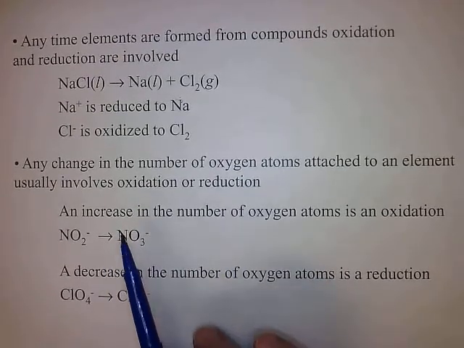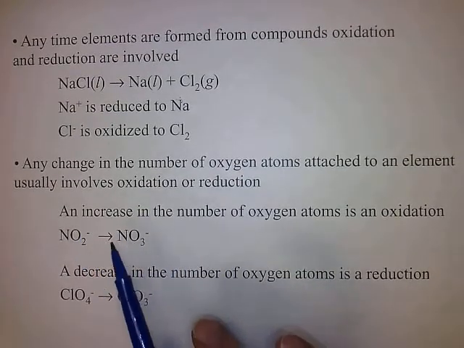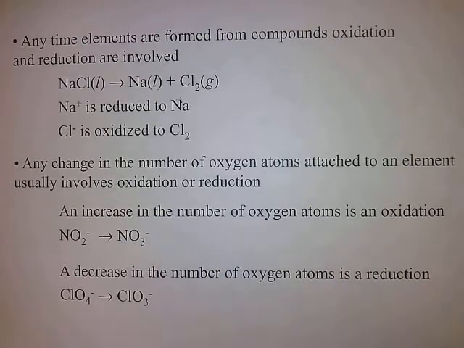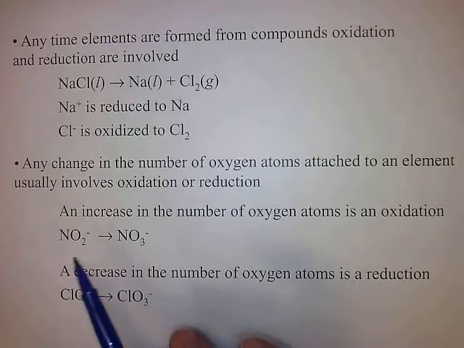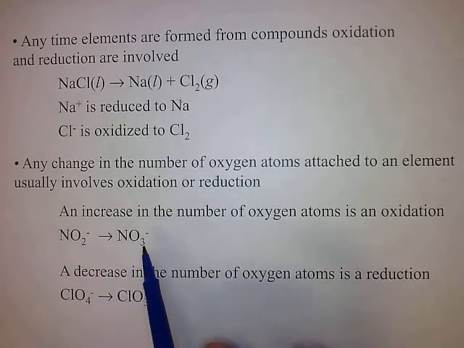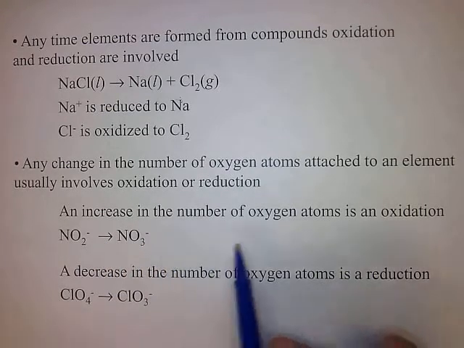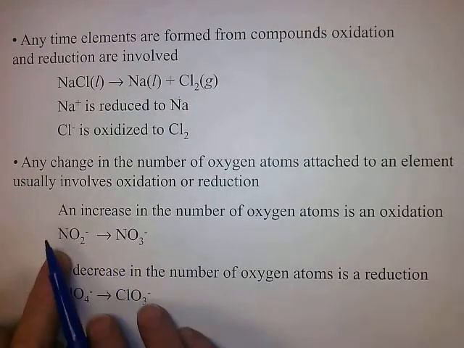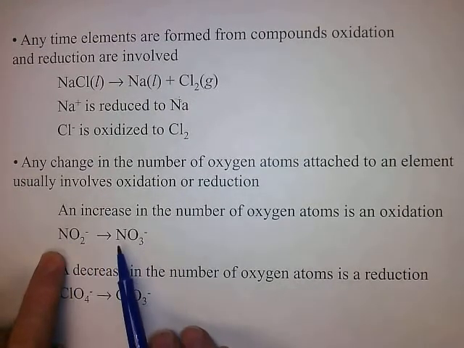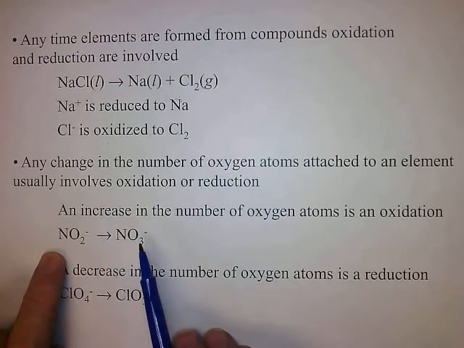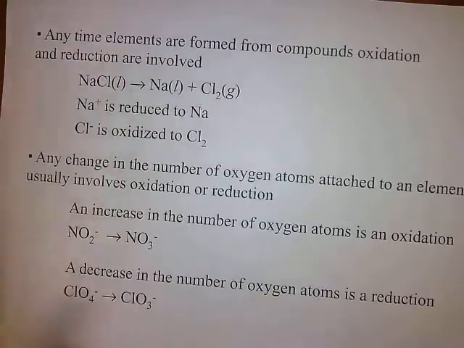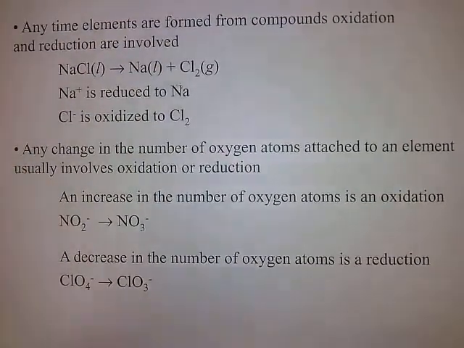So for example, an increase in the number of oxygen atoms corresponds to oxidation. For example, nitrite to nitrate is an oxidation. Now, I said all other things being equal. We have the same central atom, which is in this case nitrogen, and we have the same charge. Both of those are -1 ions.